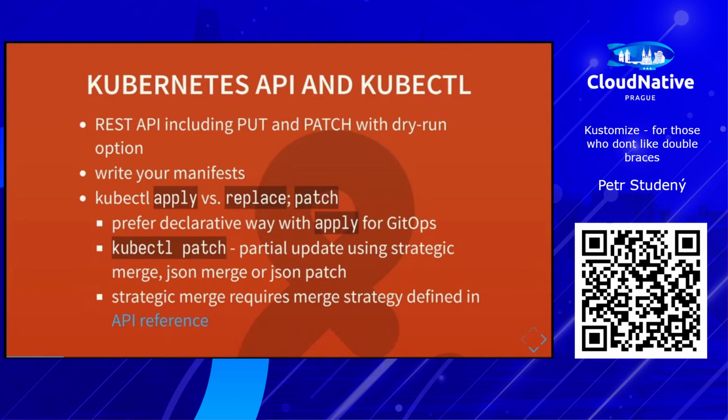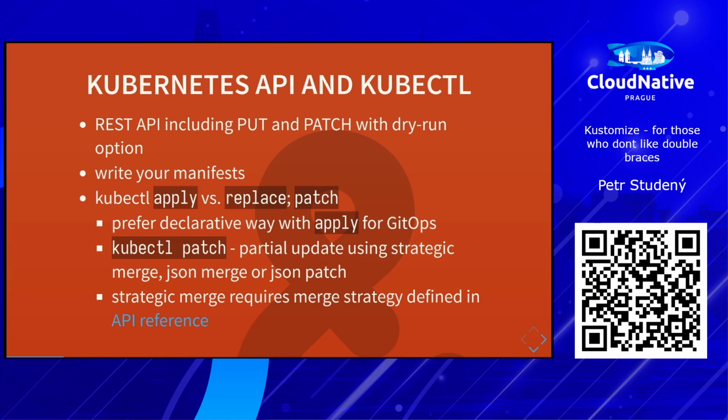In the REST specification, the put method is used to create the resource if it does not exist, and to update it if it already exists in Kubernetes.